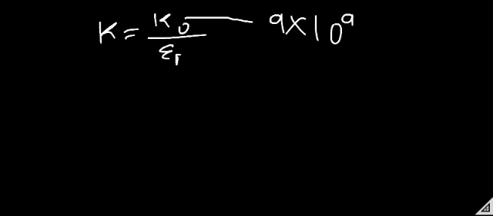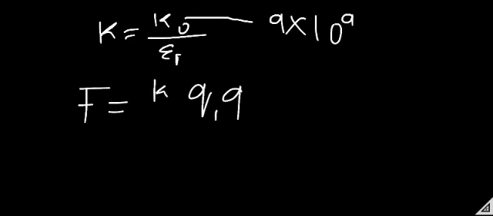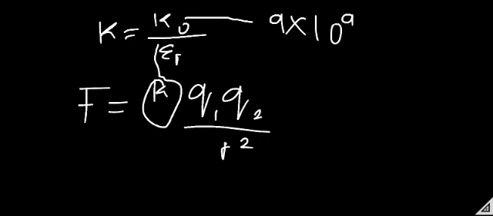Alright, so if we substitute into F equals k Q1 Q2 over r square, this k here is now being replaced by this, so I can clean it off and replace it with this because they are the same thing.